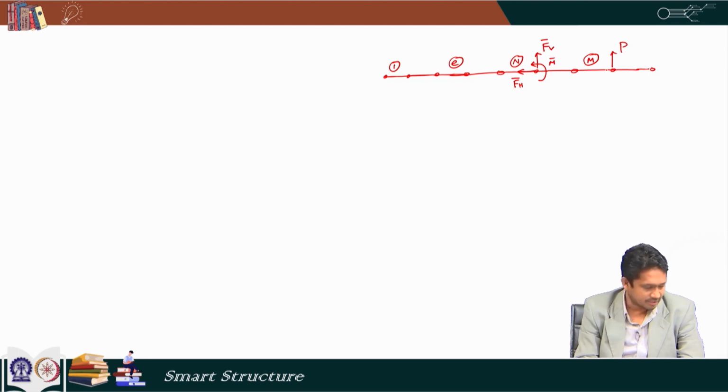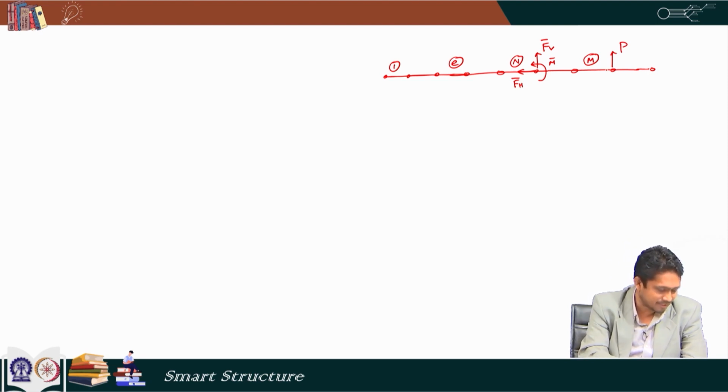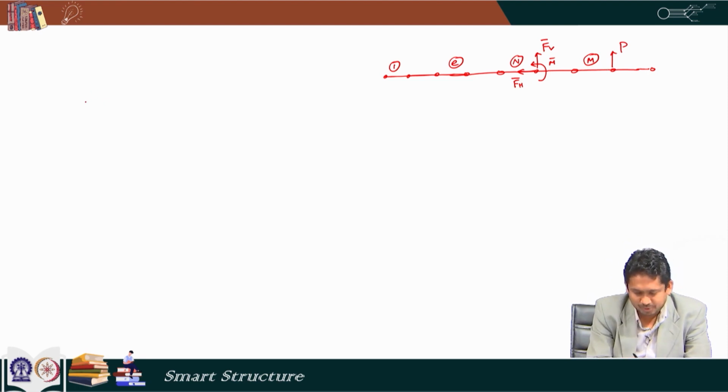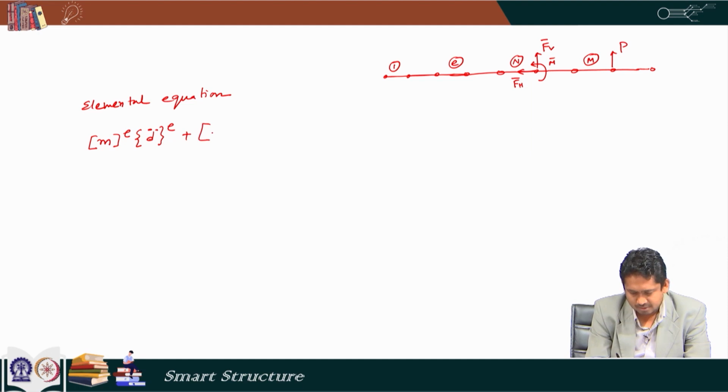Now, we have to do the finite element formulation. So, after doing the formulation as described in the last 2 lectures, the elemental equation that is obtained is m e multiplied by d e double dot plus the elemental stiffness matrix multiplied by d equal to 0.